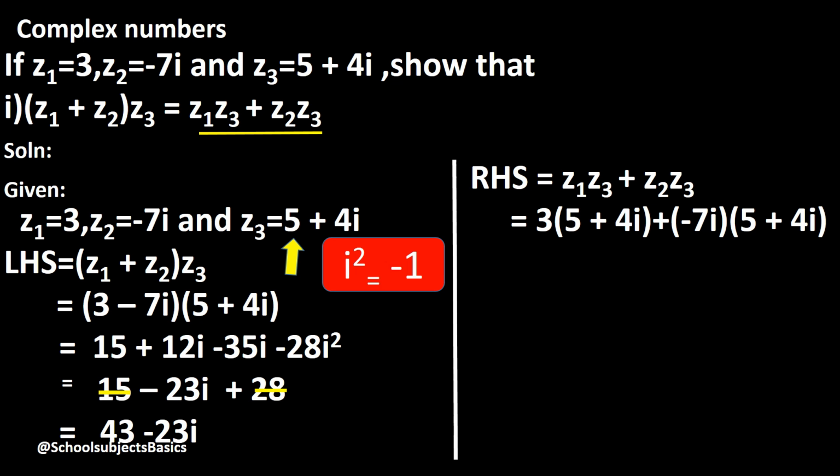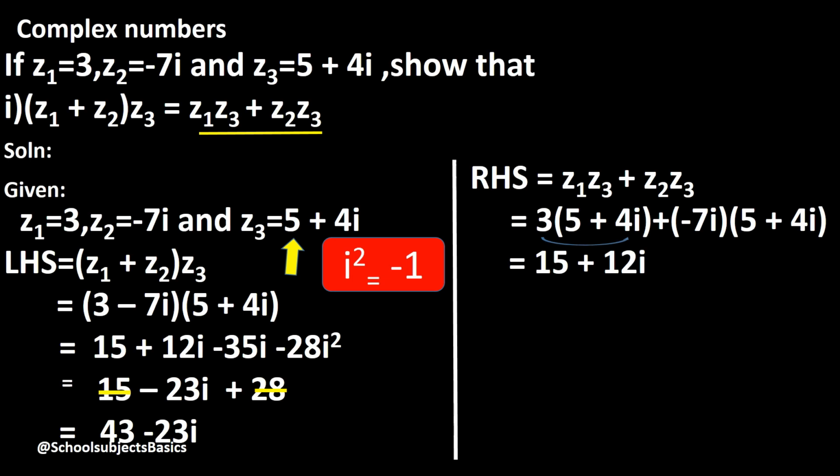Now we multiply 3 into 5 and 3 into 4i. So 3 into 5 is 15 and 3 into 4i is 12i. So it is written as 15 plus 12i. Then we multiply minus 7i into (5 plus 4i).